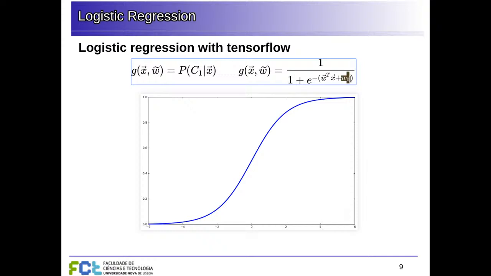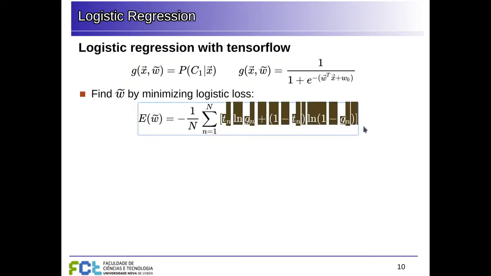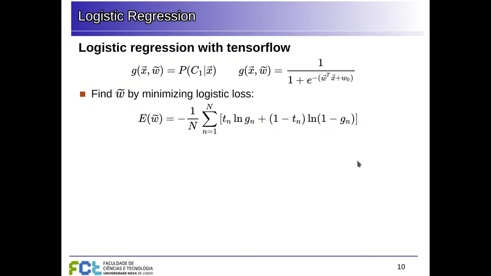Then we have this additional bias weight. We apply the sigmoid function here, and this would be the output of our classifier that tells us the probability of belonging to class 1. So we're going to optimize the weights by minimizing the logistic loss, which has this expression here. And this is what we try to do in logistic regression.